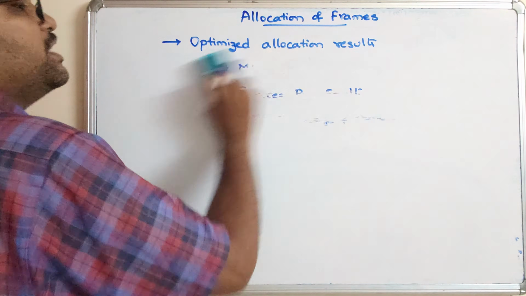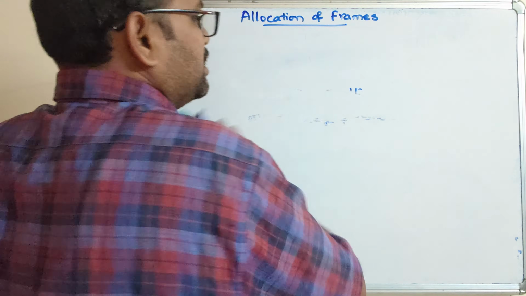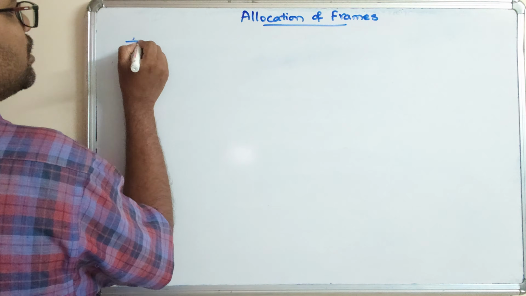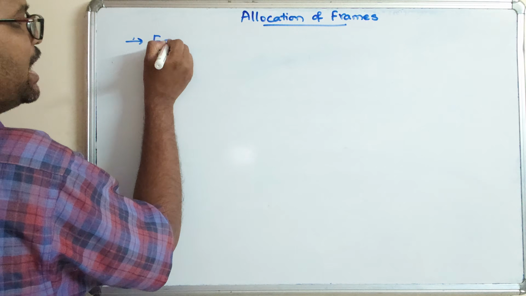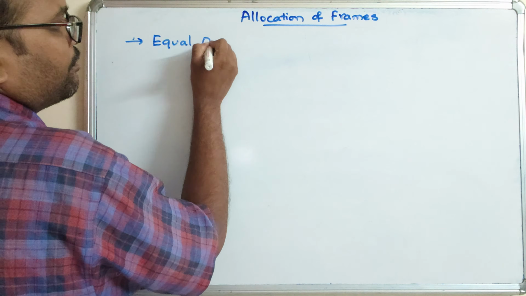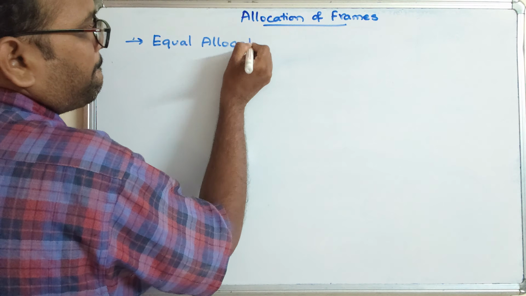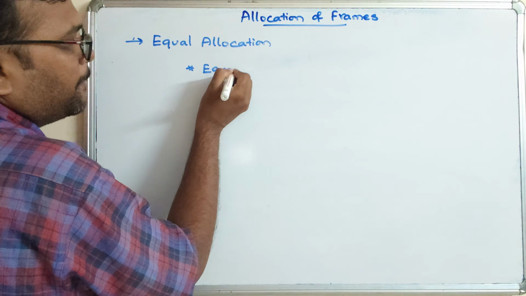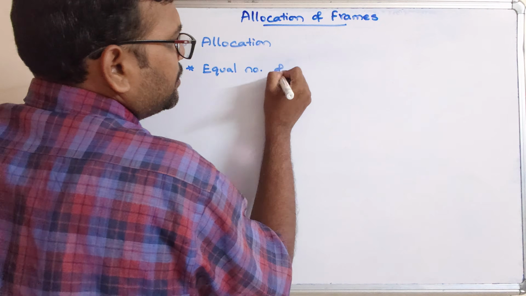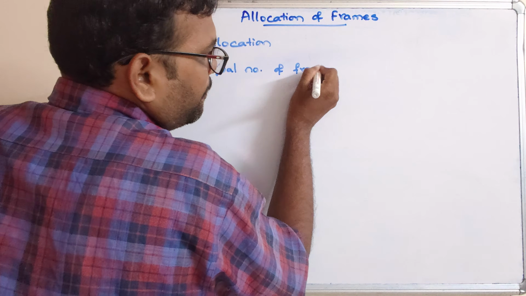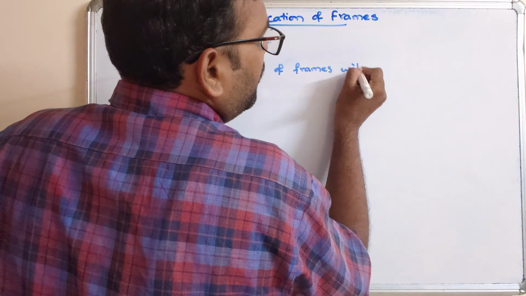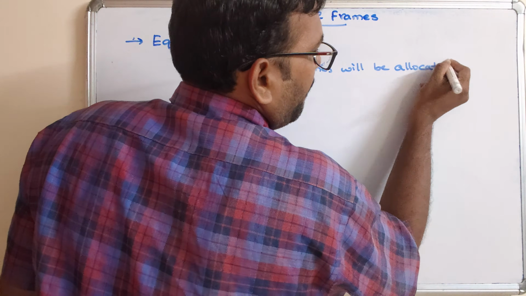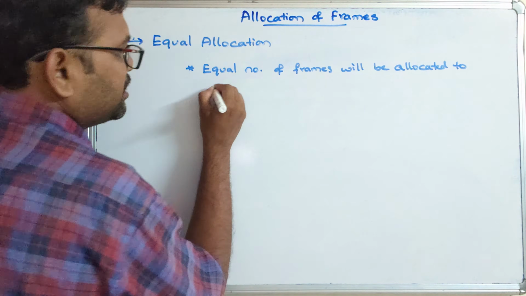First, let us move on with the first technique, that is equal allocation. This is very simple. In equal allocation, an equal number of frames will be allocated to each process.